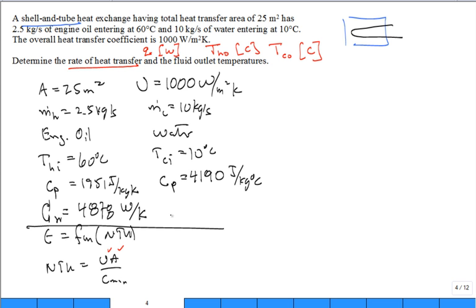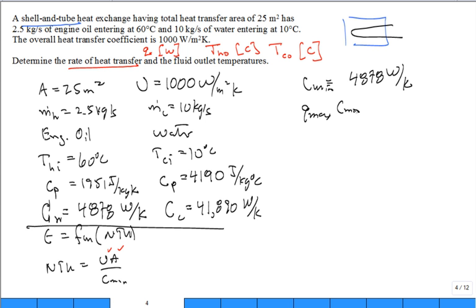It's slightly temperature dependent. Heat capacity rate of the cold fluid is going to be 41,890 watts per Kelvin. So of these, which is our minimum, C min is 4878 watts per Kelvin.